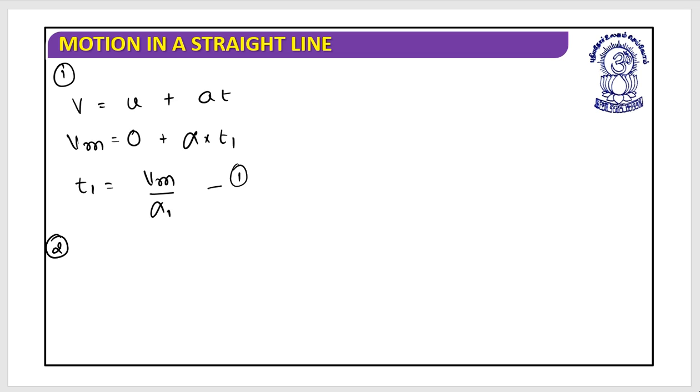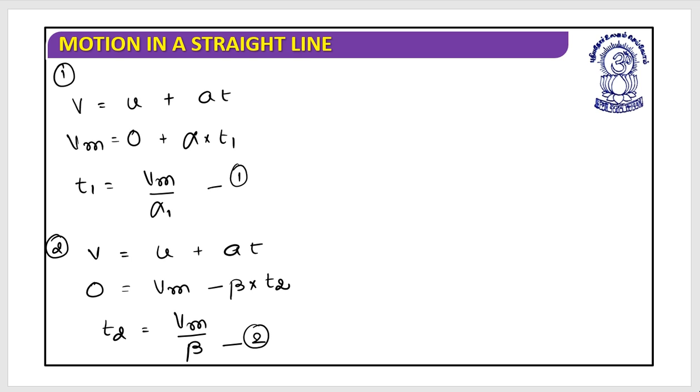For the second situation, again V equals u plus at. This is the master formula. Final velocity would be 0, initial would be Vm, and as it is a retardation, it is minus beta into t2. If I solve this, t2 should be equal to Vm divided by beta. This is the second relation.